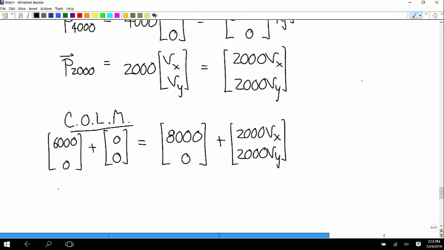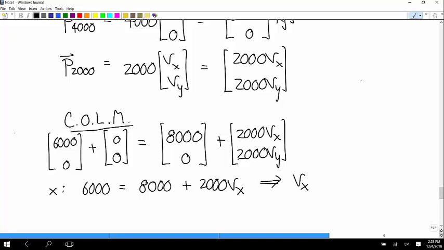You have two equations there. The x equation says 6,000 is equal to 8,000 plus 2,000 Vx. Solve for Vx, and you get -1.